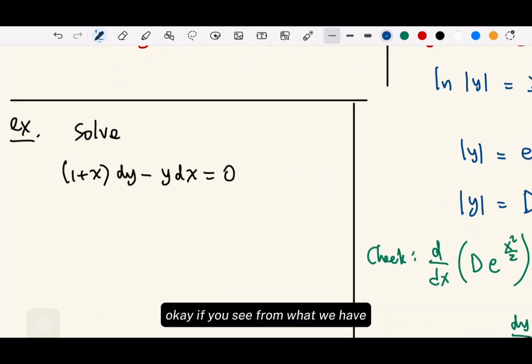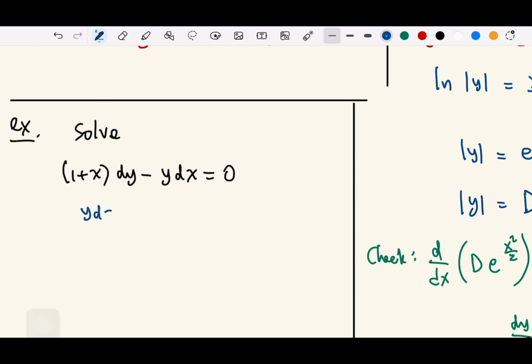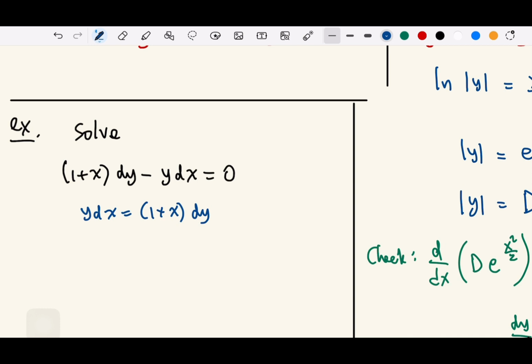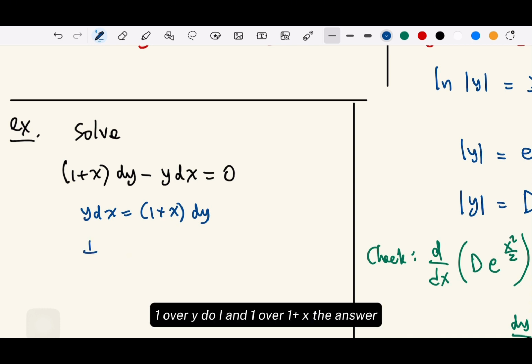Okay, so let's say we are going to take this. I will switch it like that, and I will make it 1 over y dy and 1 over 1 plus x dx, right?